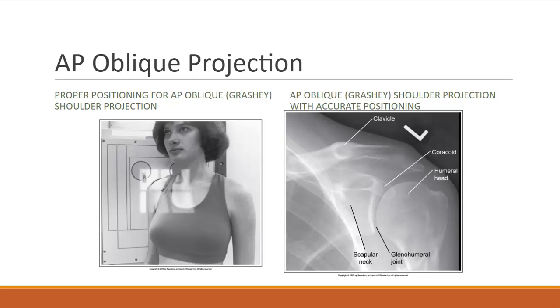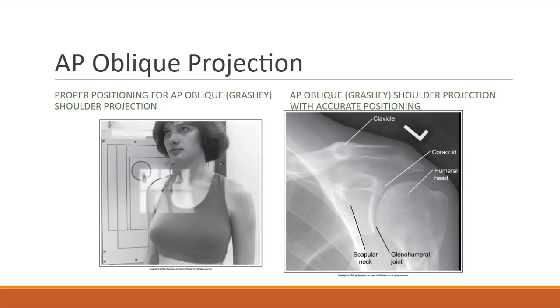One third of the coracoid process is superimposing the humeral head. The glenoid cavity is shown without thorax superimposition. The clavicle is longitudinally foreshortened and is horizontally situated.